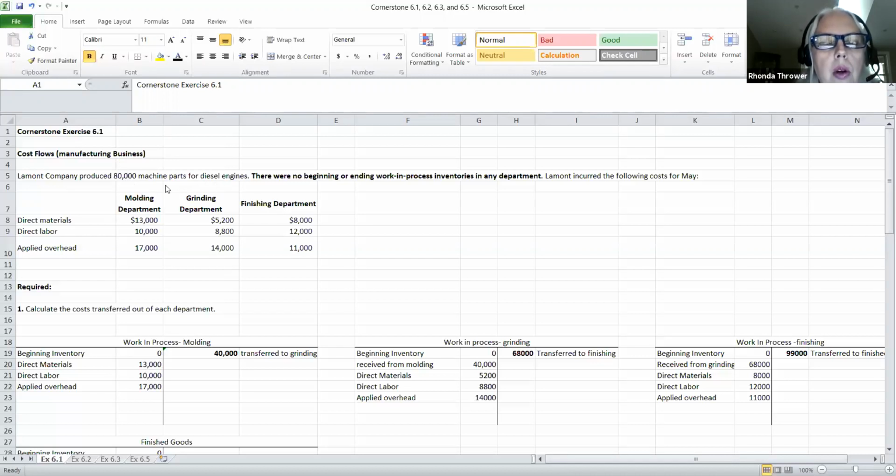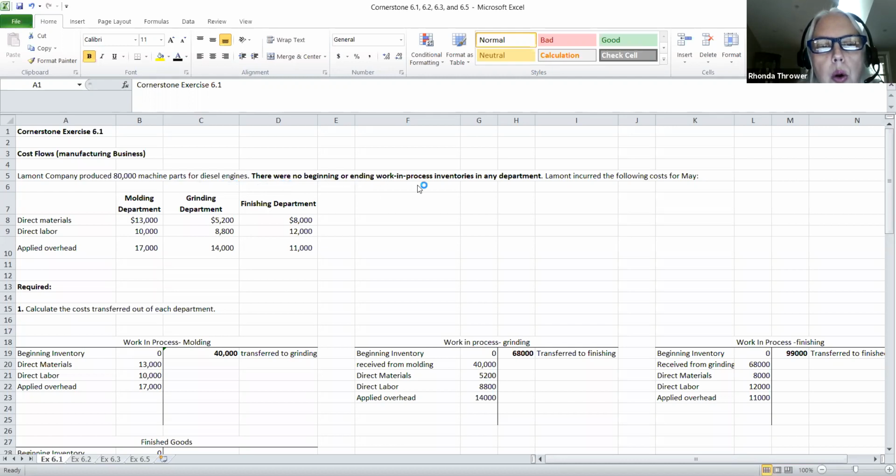The machine parts that we're producing are not custom order. That's when we would use the job order cost accounting system from the last chapter. But these parts are so similar, it's hard to distinguish one part from another. They're basically the same parts. We're using the same processes to make these parts.